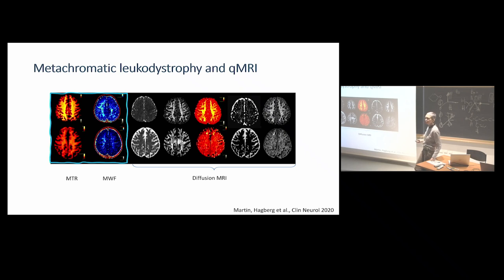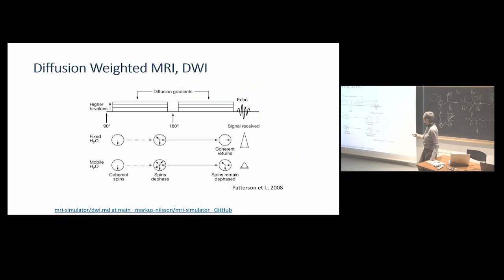So let's have a closer look at diffusion MRI, because to do that, we simply use the same spin echo technique that you have already seen, but with one modification. So this is a 90-degree pulse, 180-degree pulse.